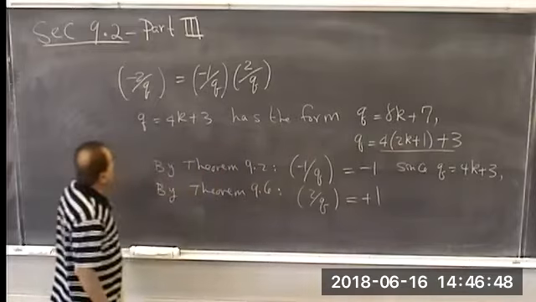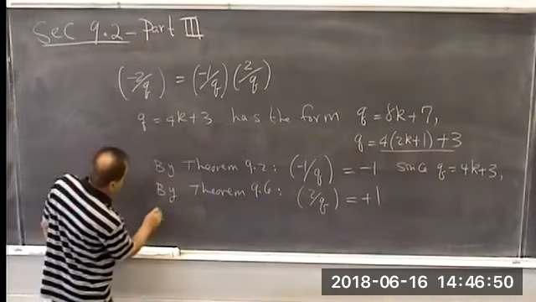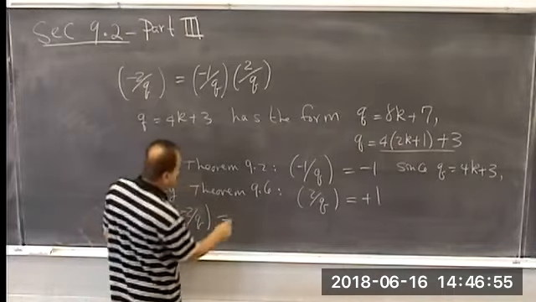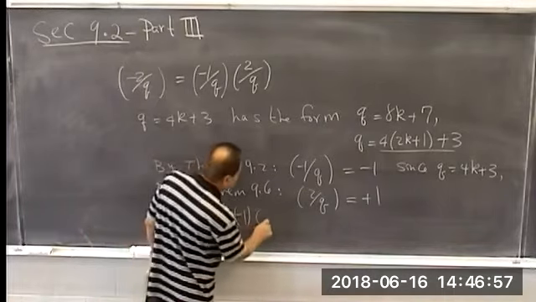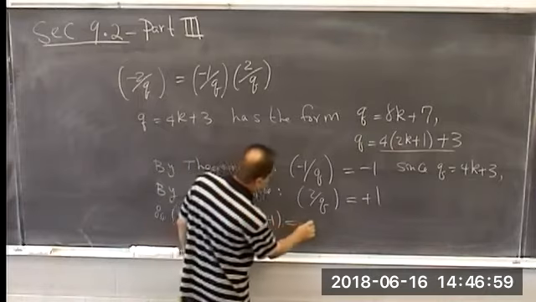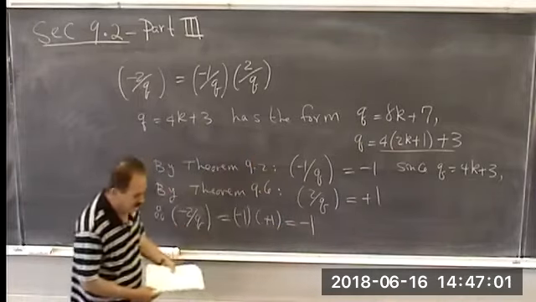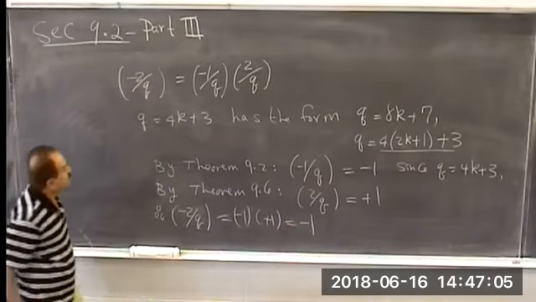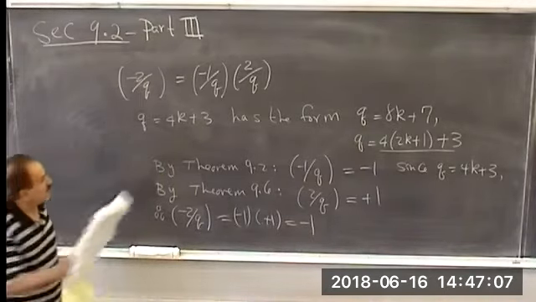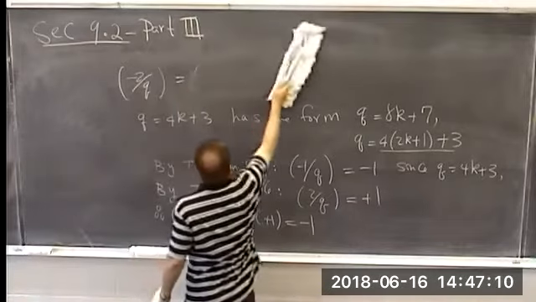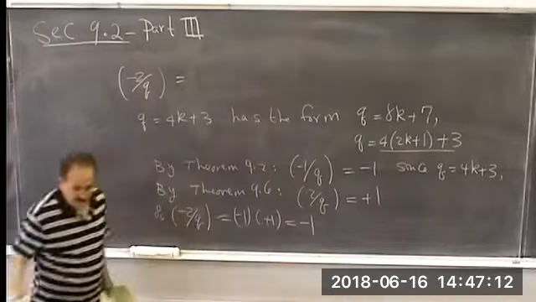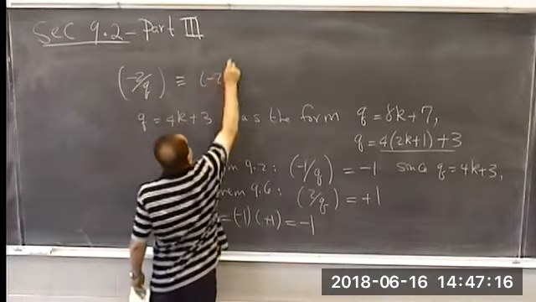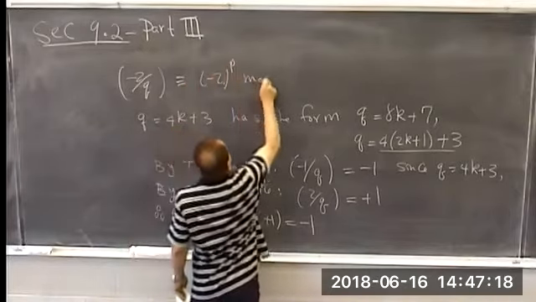So these together, therefore, we have negative 2 over q is going to be negative 1 times positive 1. So this one is negative 1. Now, remember also we had from Euler's criterion, this one was congruent to negative 2 to the p mod q.